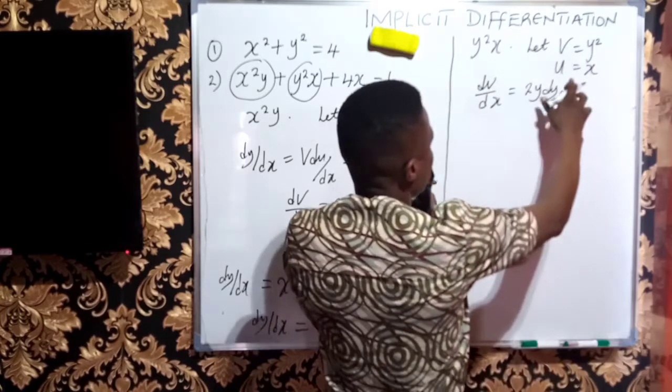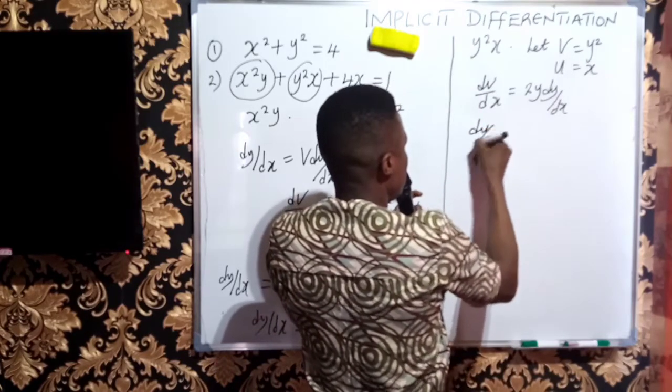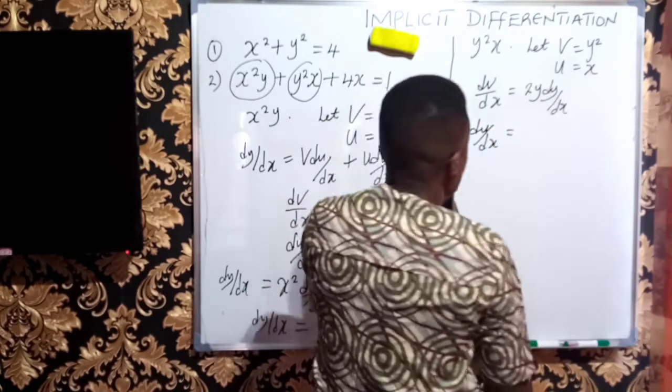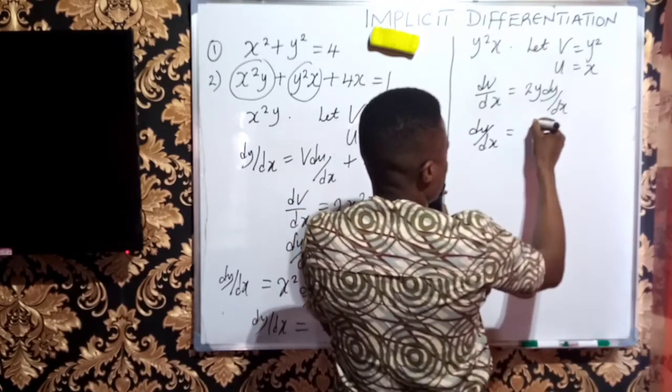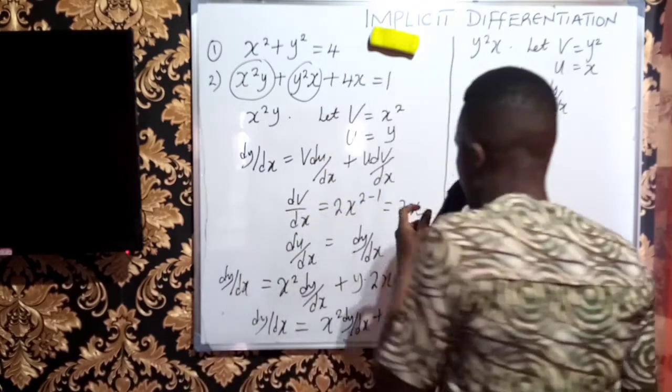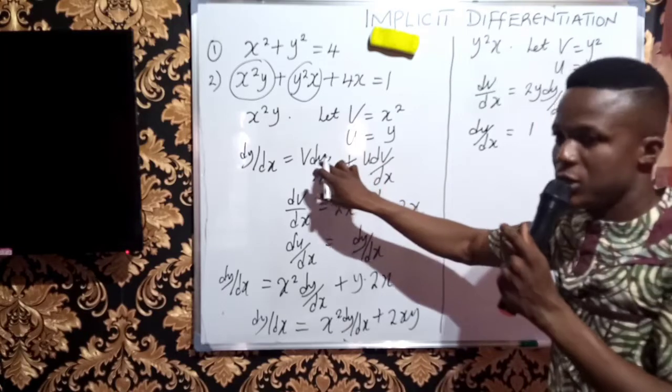Then let me get du/dx. du/dx will give me, if I differentiate x, I'll just get 1. Then I will plug into this formula.